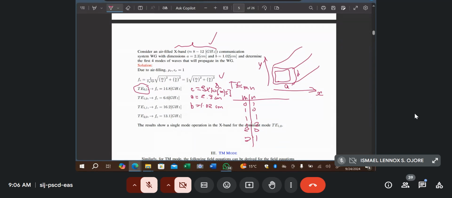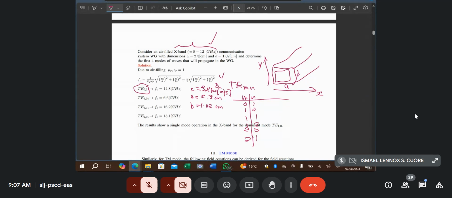So then what we see there is that the mode should have a cutoff frequency which is below the frequency of operation, isn't it? The wave that we're injecting in that waveguide should have a frequency that is higher than the cutoff. So if the cutoff here is 6.6 for the TE10, it means there will be propagation without attenuation.